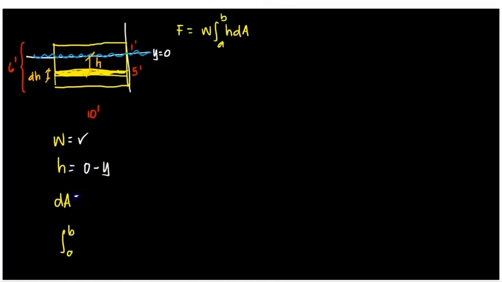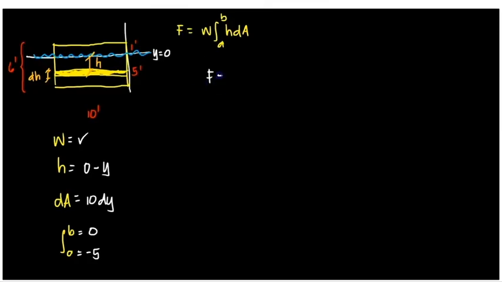It does not change. dA, still, that's 10 feet, times dH, which is dy in our case, and then A and B. So the affected area would be from -5 up to 0 only, because the one on top is not affected anymore.